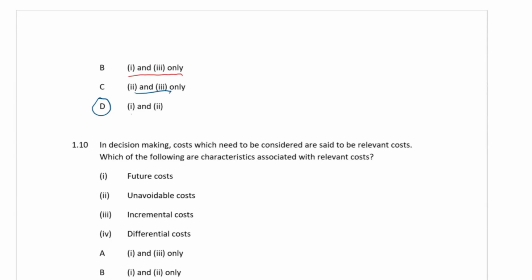Let's now deal with this one, which is 1.10. In decision making, costs which need to be considered are said to be relevant costs. Which of the following are characteristics associated with relevant costs?